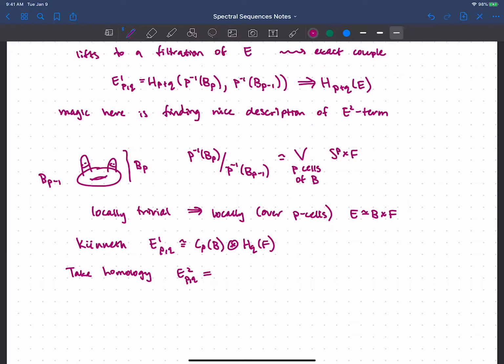Well, we should have the homology of this, and that's precisely the homology of the base with coefficients in the homology of the fiber.